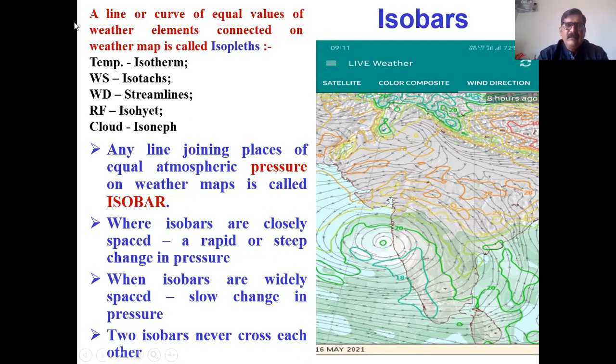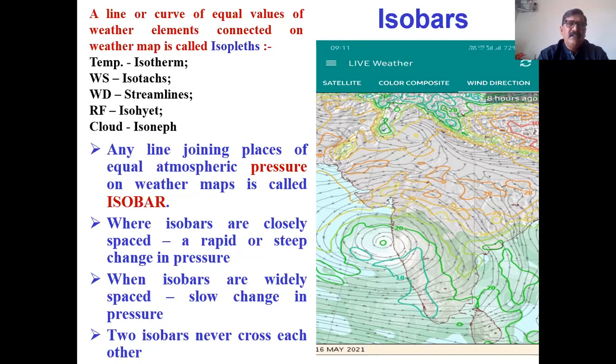Equal rainfall points joined to each other are called isohyets, and equal cloud lines on a weather map are called isonephs. It is very important for all competitive examinations and also for our midterm and semester final examinations.